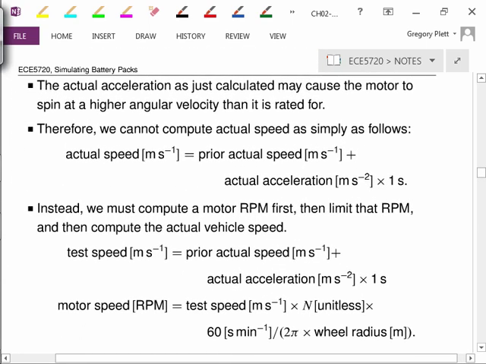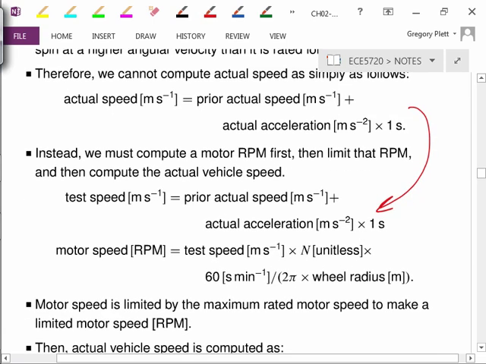Now the actual acceleration just calculated might cause the motor to spin at a higher velocity than it's rated for. So we can't simply compute actual speed as actual speed equals prior speed plus actual acceleration times 1 second. Instead, we must compute the motor RPM first and limit that RPM and then compute the actual speed. So we make a test speed, and the test speed equals the prior actual speed plus the actual acceleration, same equation, but we're checking it first.